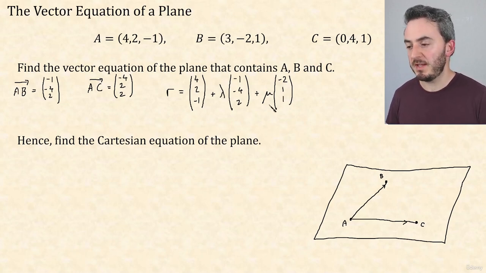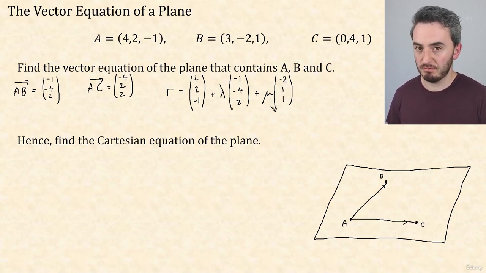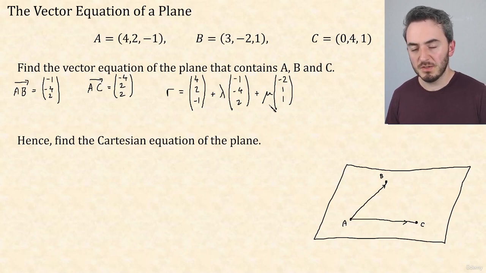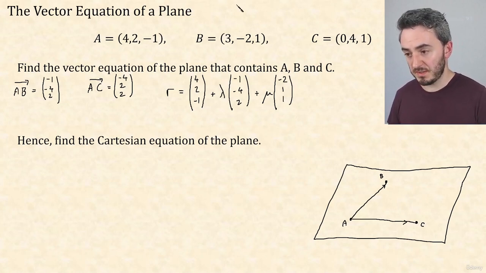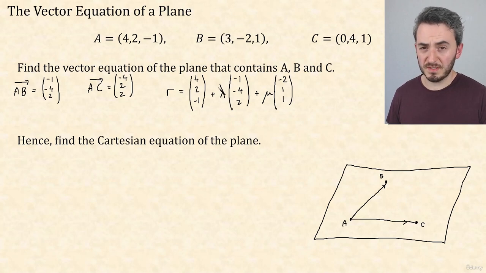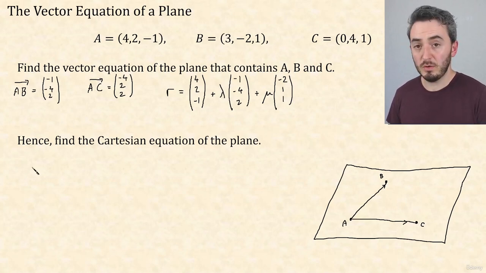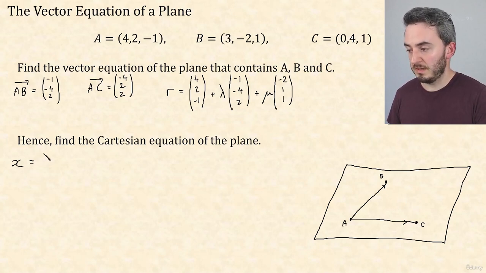How about this? Hence find the Cartesian equation of the plane. A Cartesian equation is in x's, y's, and z's. So how do we convert something in this form into something in terms of x's, y's, and z's? Well, you just kind of hack through the algebra. The x value of any point on this plane is 4 minus lambda minus 2 mu.